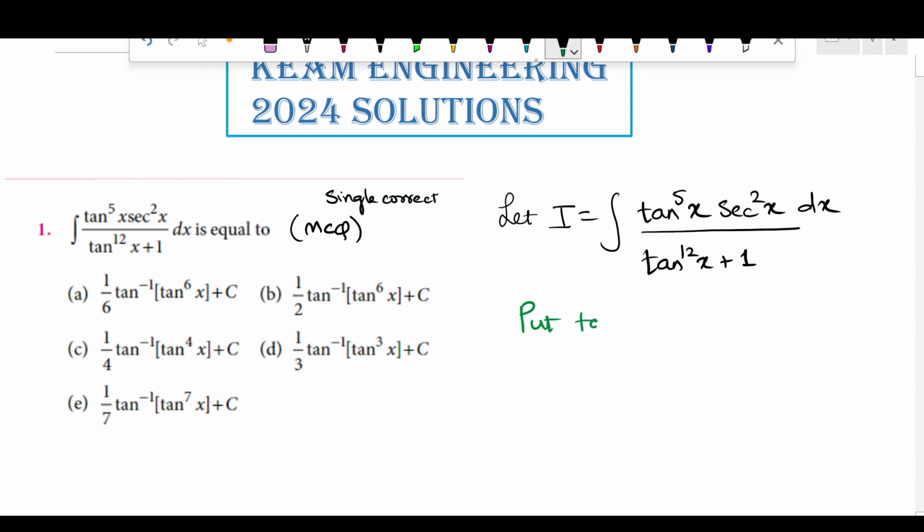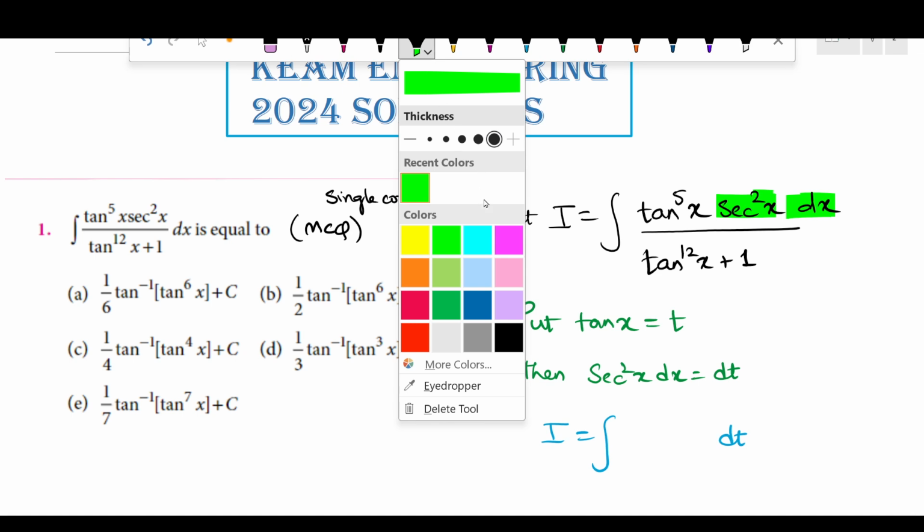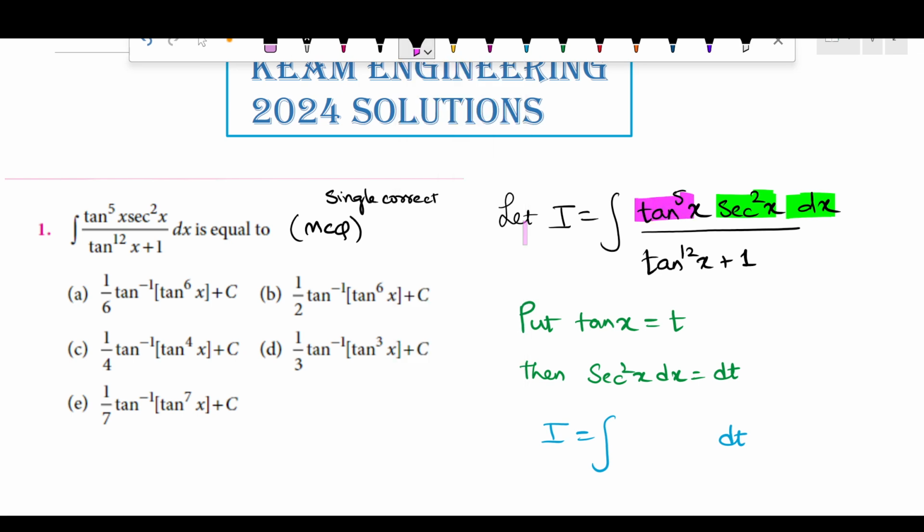For this, put tan x as t, then secant square x dx is equal to dt. So this secant square x dx will become dt, and this tan to the power 5x will become t to the power 5.